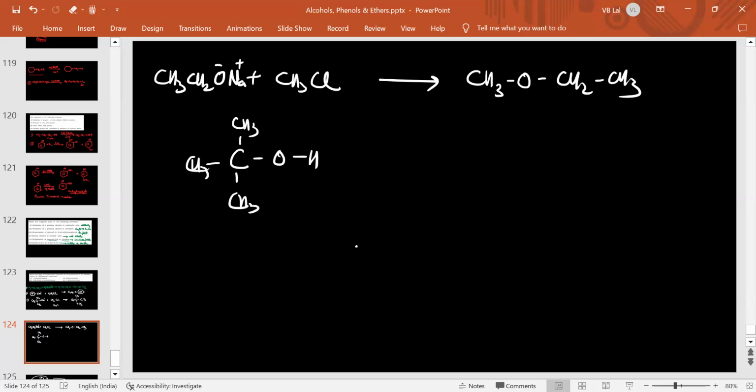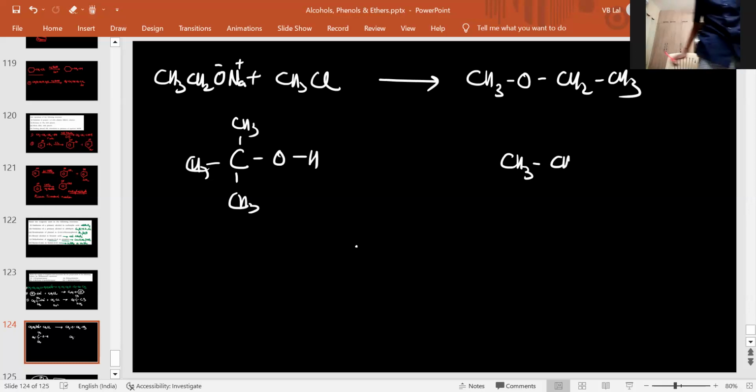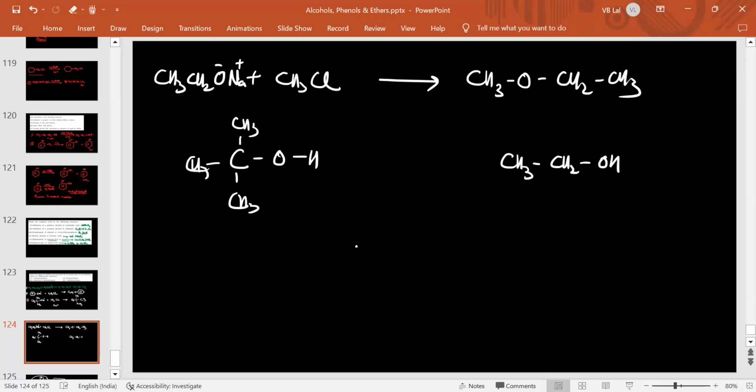First of all, whenever a tertiary group is there, a carbocation will be formed and then the reaction will be SN1. First the carbocation, then the nucleophile. But if it is a primary alkyl halide, then I'm not talking of alcohols, we are talking of alkyl halides, reactions of alkyl halides.